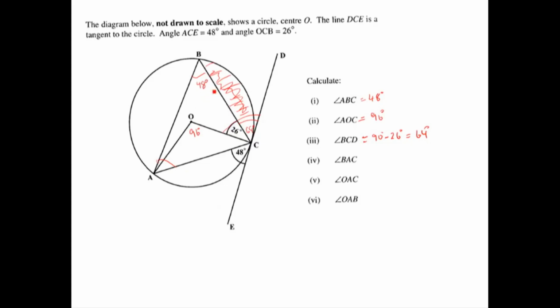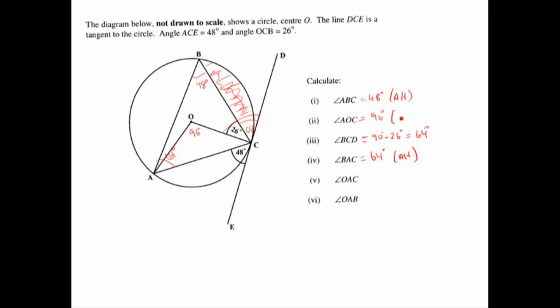The angle this chord subtends in the major segment is the same as this one in the minor segment. So angle BAC is 64 degrees. And of course, put the reason: alternate segment theorem.